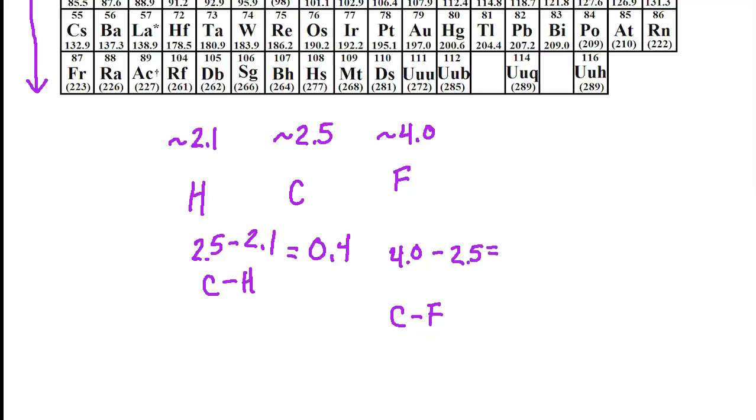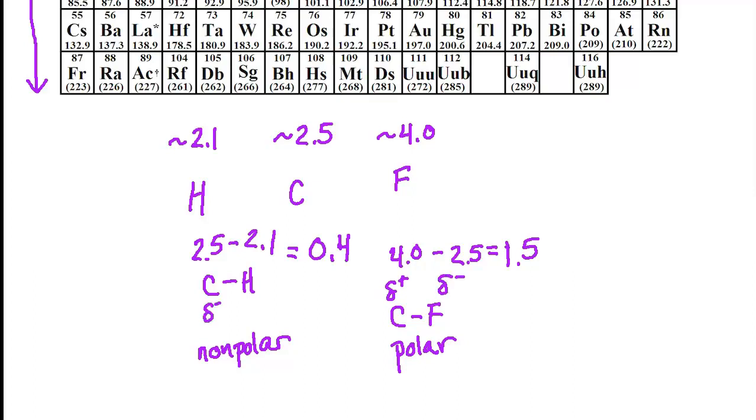And I'm looking at the absolute values here, because if you flip that and you do 2.5 minus 4.0, you're taking the highest one minus the lower one. So when I take a look at this, I now have a difference of 1.5. It's a much larger difference than the 0.4 that we had over here. So carbon-hydrogen bonds are usually considered to be non-polar or hydrophobic when we look at them. However, a carbon-fluorine bond would be considered polar when we're looking at it. So a lot of times you'll see the partial positive and the partial negative charges associated.